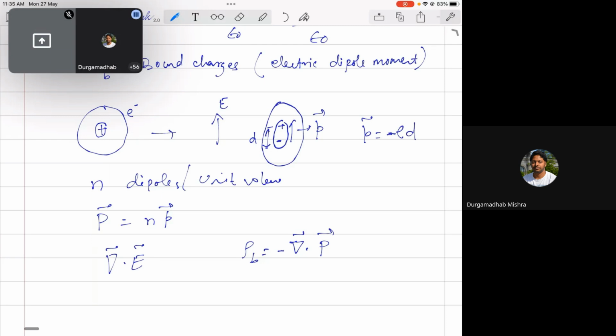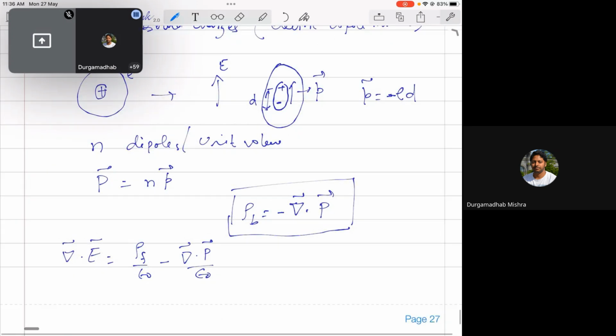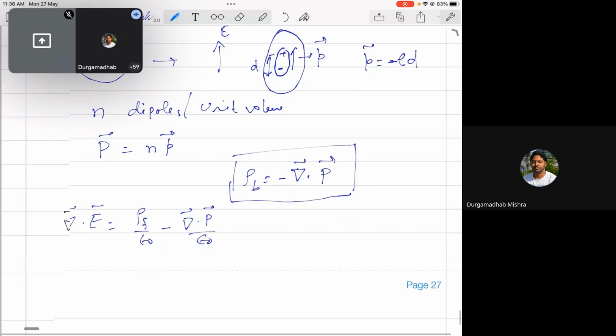This is the bound charge that appears in the dielectric material. So your equation will modify accordingly: del dot E is equal to rho F by epsilon naught, minus del dot P by epsilon naught. In place of rho B, we are writing minus del dot P.